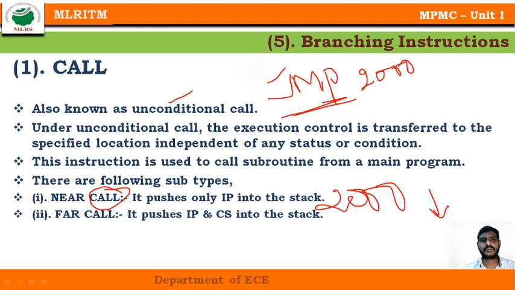This instruction is used to call subroutines. For example, if I write a program to find the average of two numbers, and another program for addition, I'll take the data and call the subroutine called add. Whenever add is finished, I'll come back here and find the average, and again repeat the loop. So in such scenarios, where I want to execute something many times, the call instruction is used.